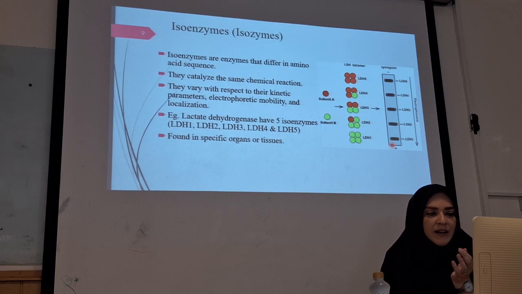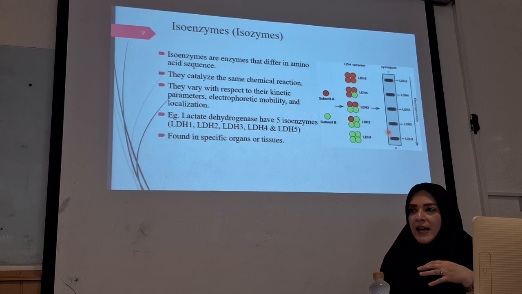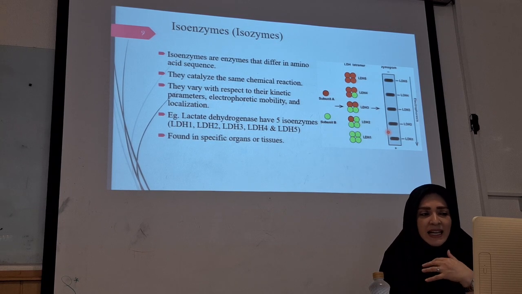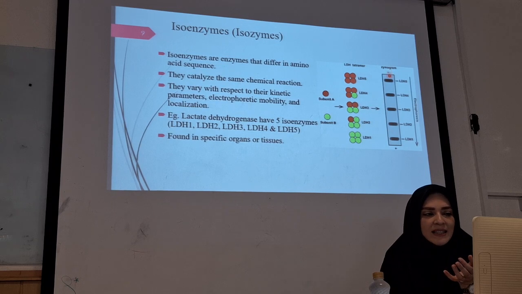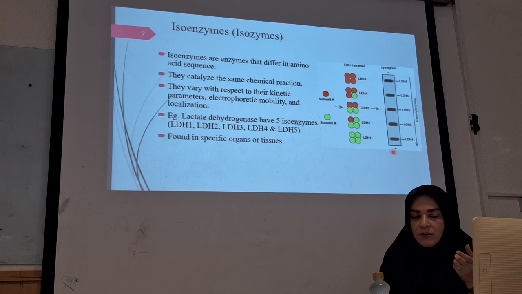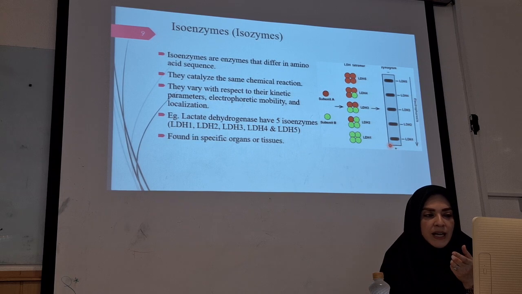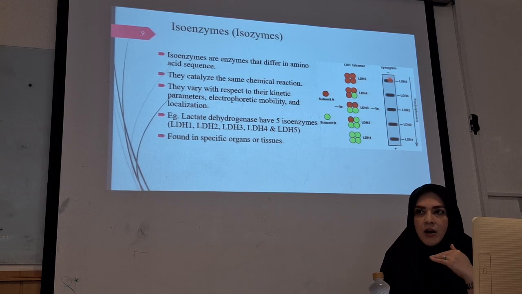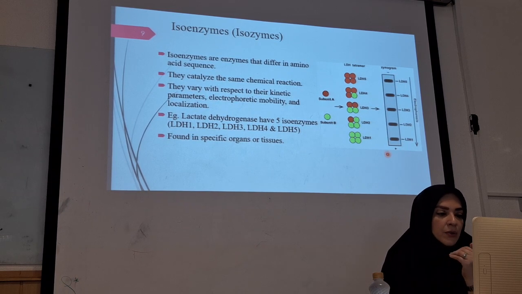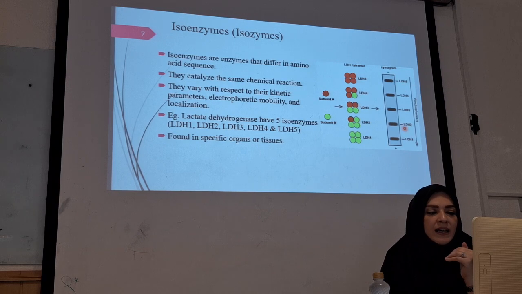As you can see here, if I put them in an electric field and start the electrophoresis, they move toward the cathode, okay? And as you can see here, toward the anode, okay? The negative is the cathode and the positive is the anode. And how can we give them the number?